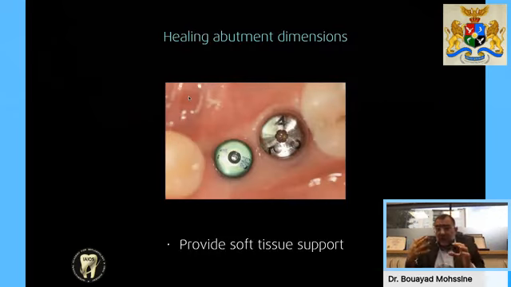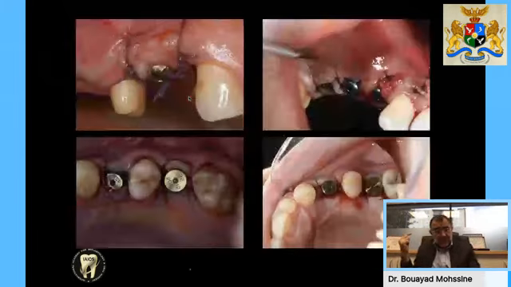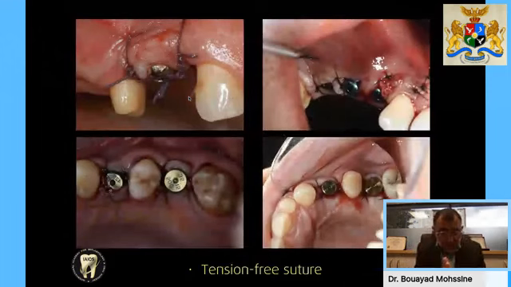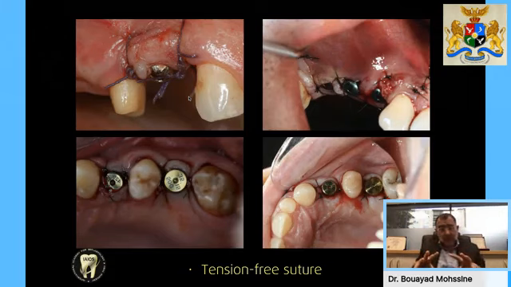You have to choose between different kinds and dimensions of healing abutment to provide soft tissue support. And we have to be sure that we have no tension on our sutures around the healing abutment in order to have good healing of the soft tissue.